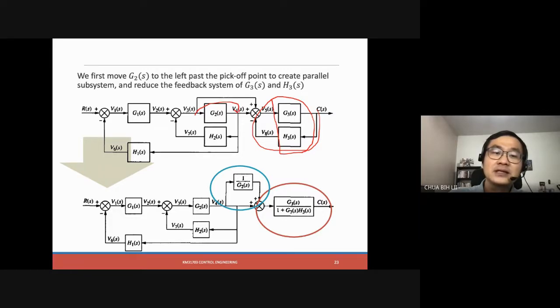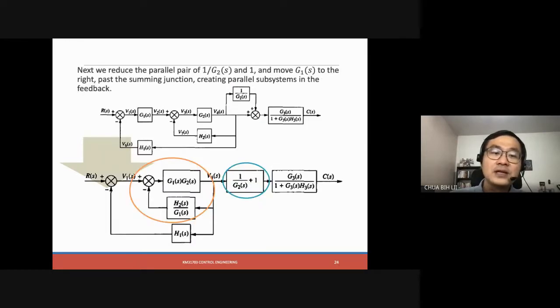When you move it here, you may see they actually have a 1 over there, or this one moves to the other side. If you move this out, then for this line you have to do 1 divided by g2. After that, combine these two together.